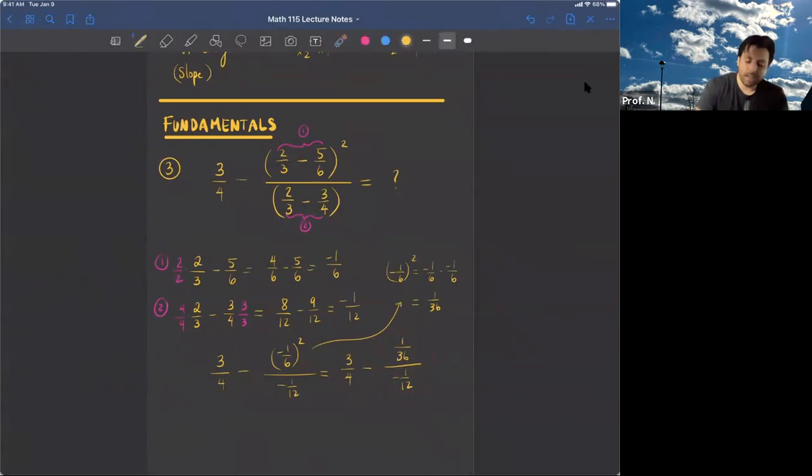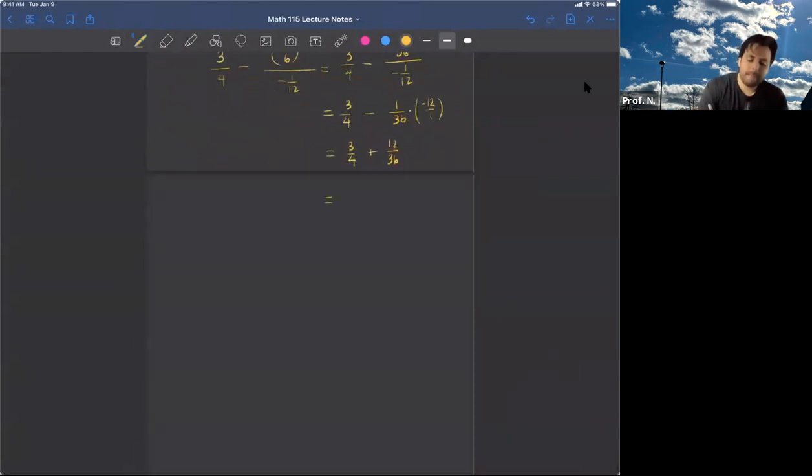That entails for me to keep the top fraction and then multiply by the reciprocal of the bottom fraction. So this becomes 1/36 times negative 12. This becomes negative 12/36, right? But 12/36 is really what? 1/3.